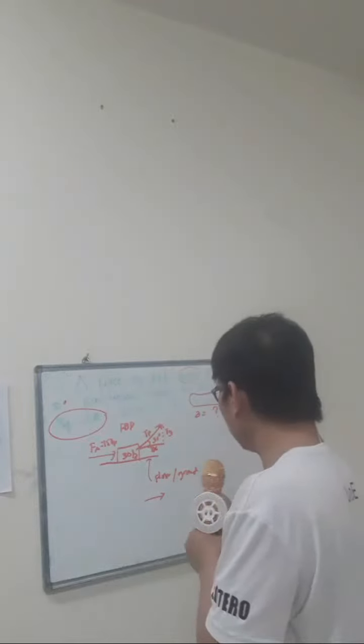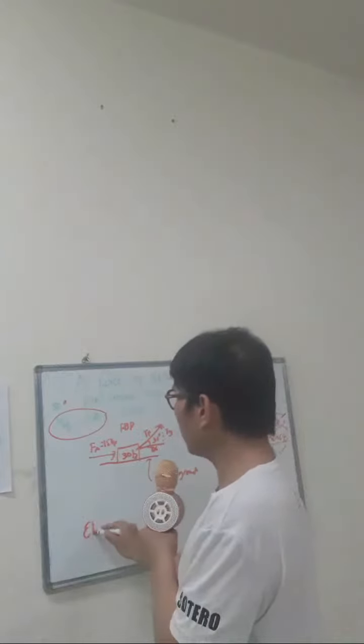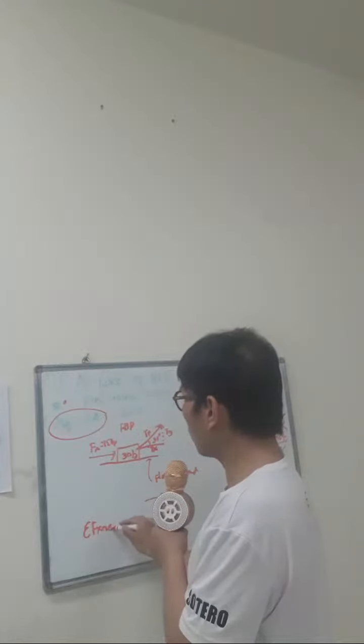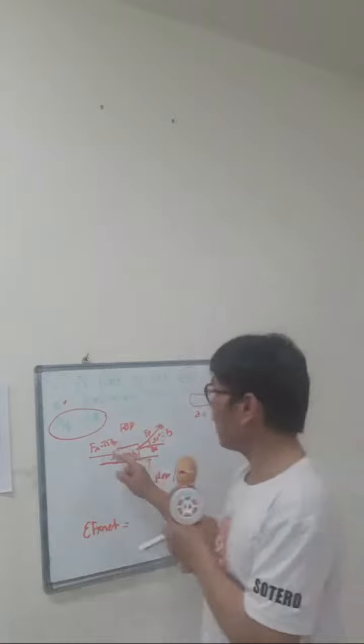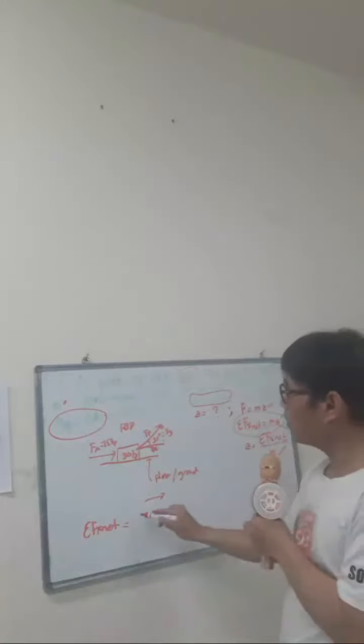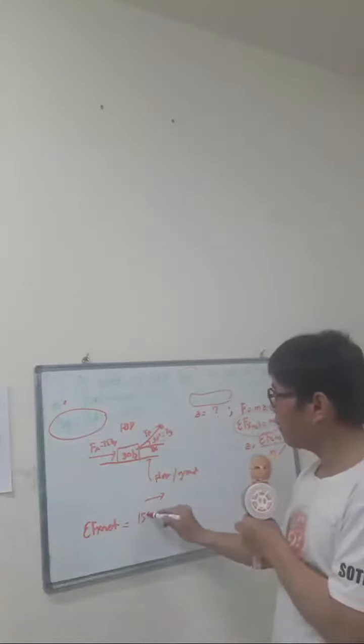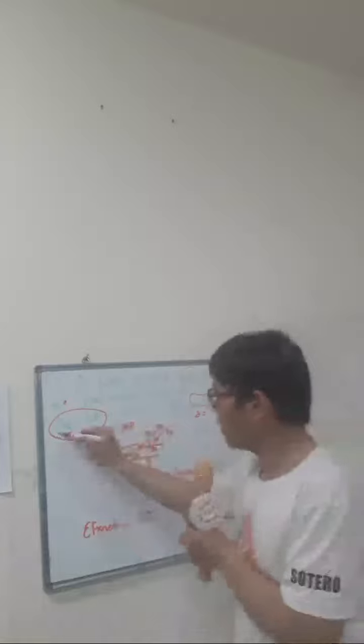So, summation of Fx net. Summation of Fx net is equal to, okay, this is horizontal, right? So positive Fa, so 150 Newton. Okay. Then, another force involved, we have also kinetic friction.